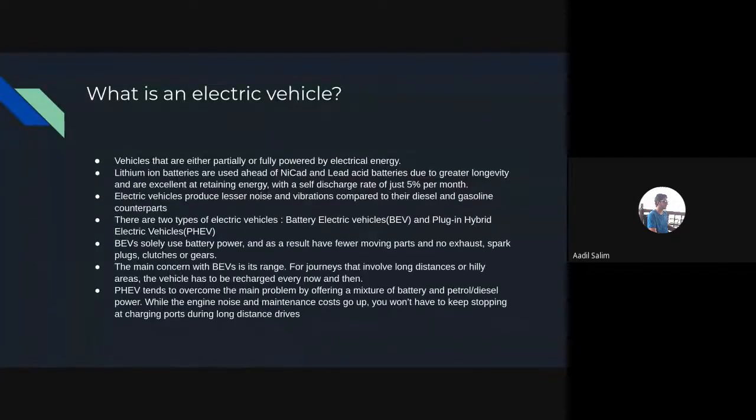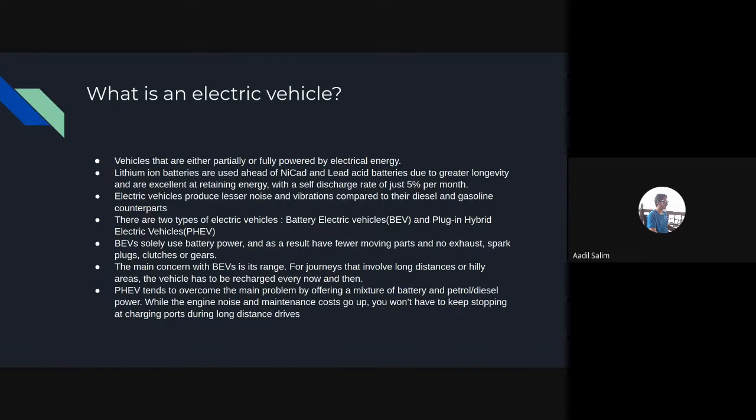First we'll just have a brief discussion of what an electric vehicle is. I'm sure, like in previous sessions and videos, you might have already been introduced to it a lot. Electric vehicles are just those that are partially or fully powered by electrical energy. The power is supplied by lithium ion batteries. Why do we use these specific batteries?